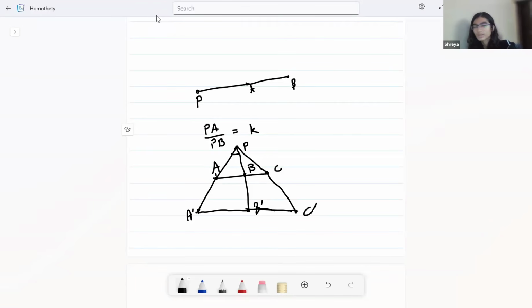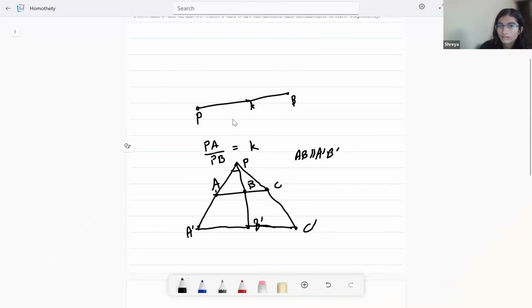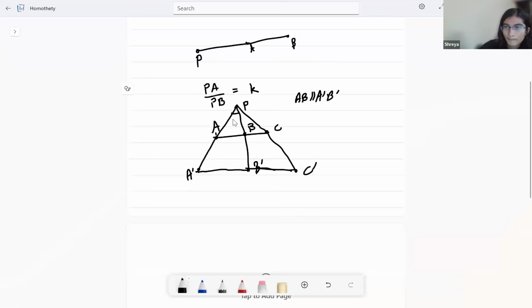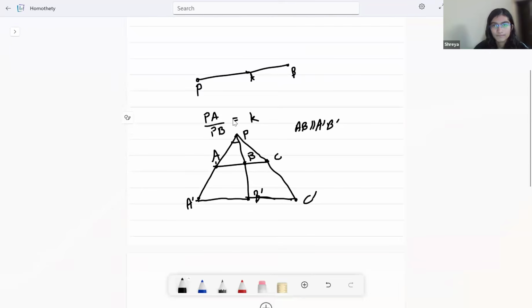So you can use BPT or something to just get that AB is parallel to A prime B prime. Does the definition make sense? I will take that as a yes.